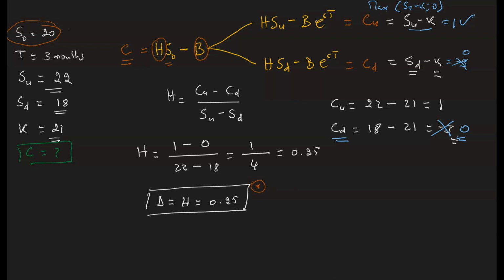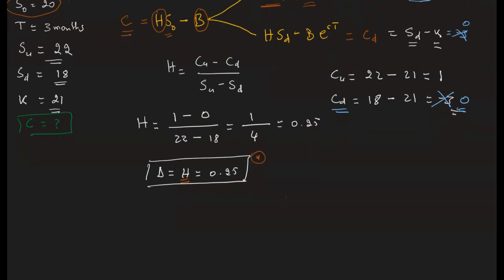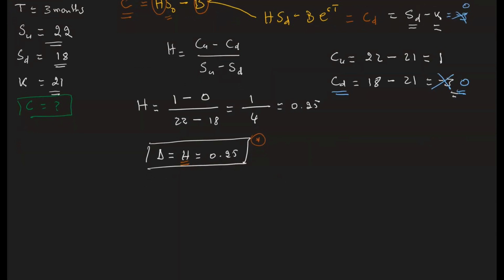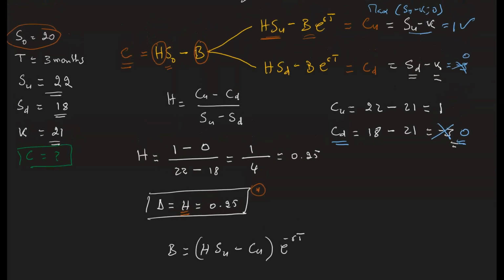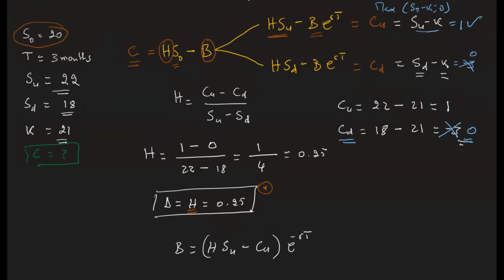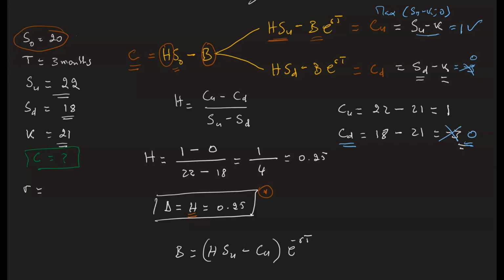Now, we also said if we know what H is, we can essentially plug it back in here and try to solve for B. So what is B? B, it turns out, is equal to H S up minus call up, present value. Now, the interest rate we are given there is R equal to 12% per year.